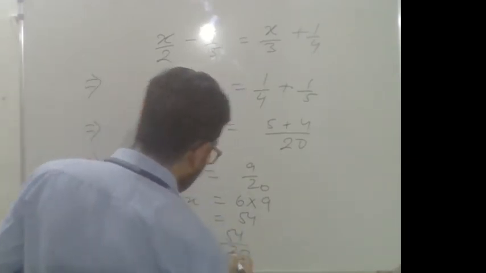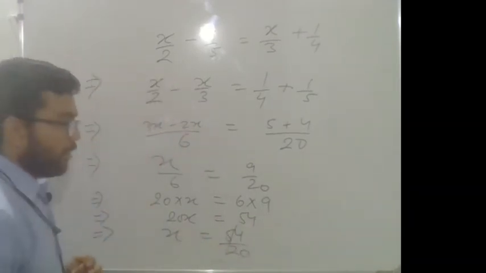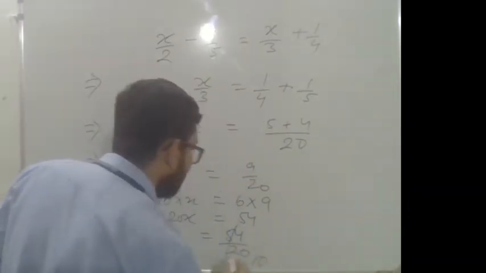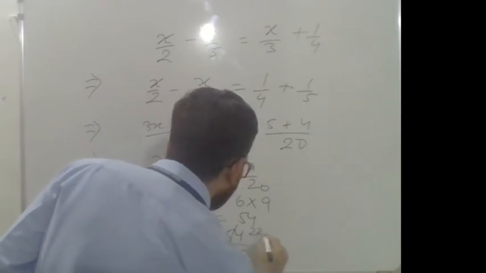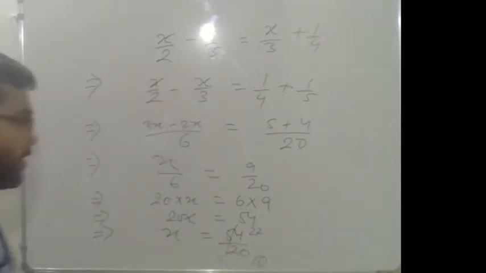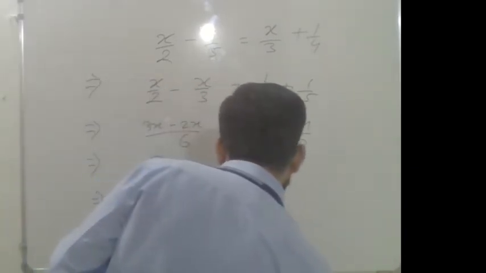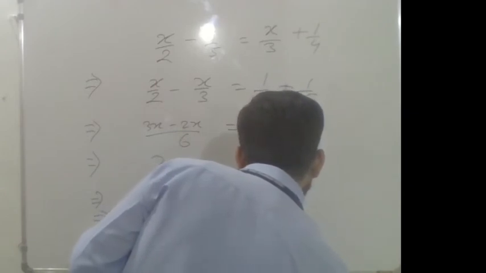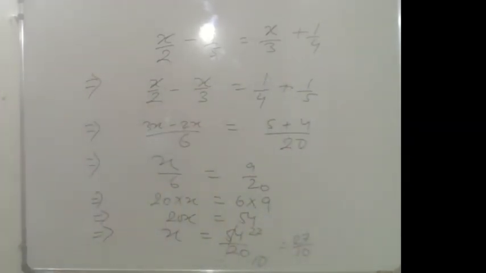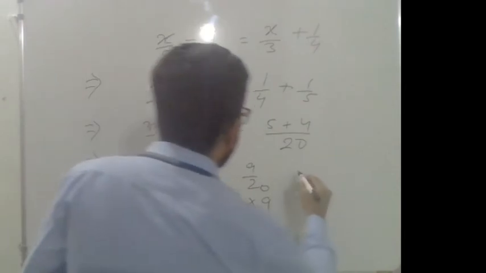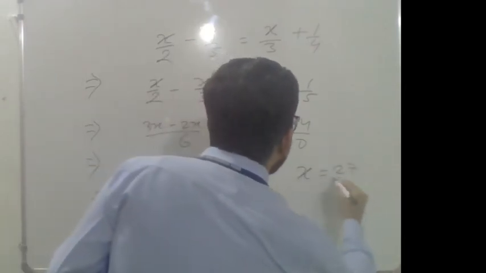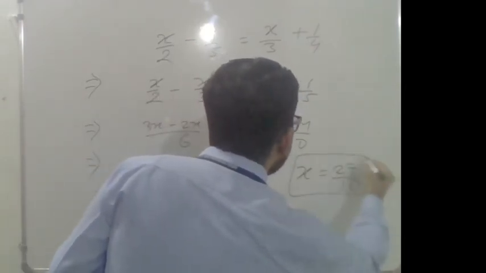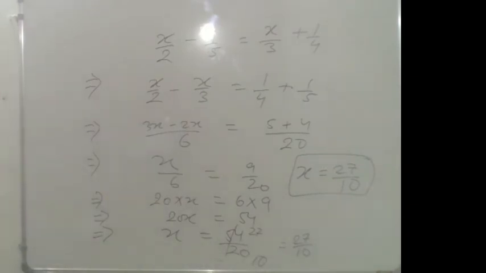So you will simplify it: 2 tens are 20, 2 twenty-sevens are 54. X is equal to 27 upon 10. This will be the solution of this equation.